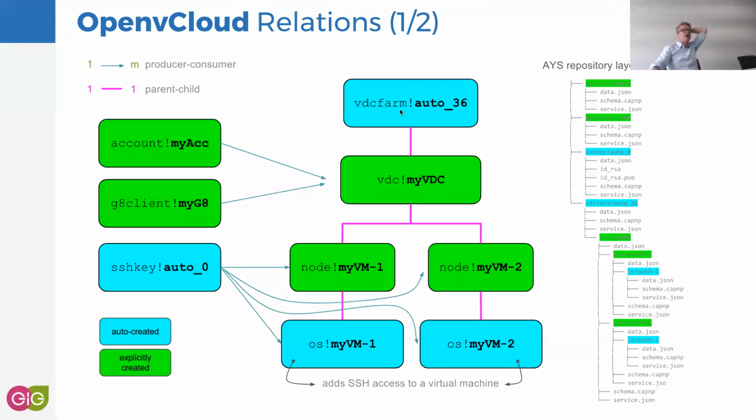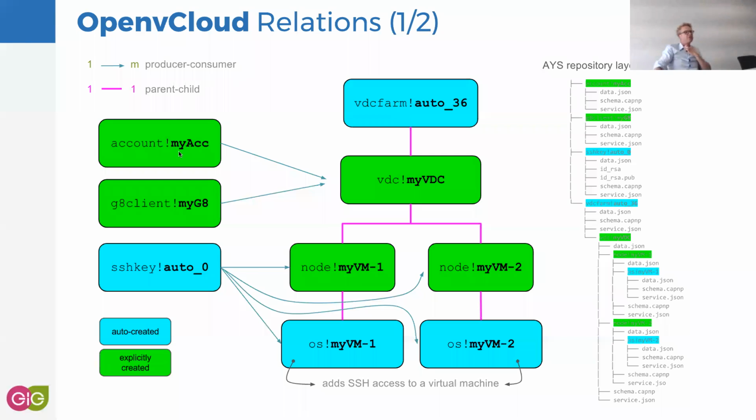So this is the hierarchy. There is a parent VDC farm. And VDC farm is blue because that's typically something you will not specify in a blueprint. It's something that gets created automatically. So even a parent could get created automatically if you want. Don't bother too much about what VDC farm is. It's a thing that we created to logically group multiple virtual data centers, if you want.